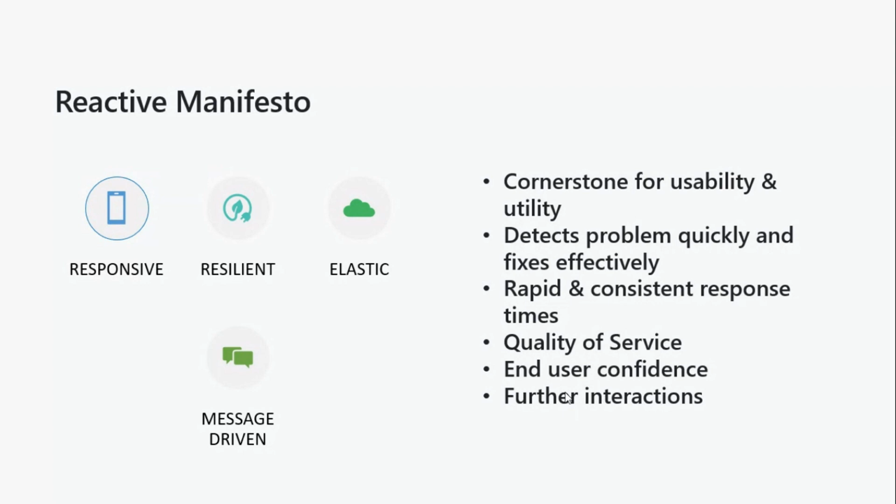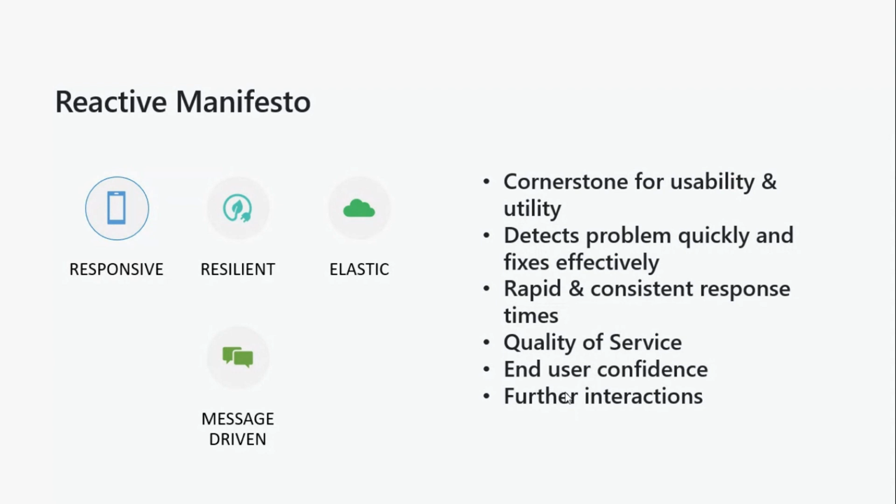To make sure that we build reactive applications, a responsive system is expected to respond in a timely manner if at all it is possible. So responsiveness is a cornerstone for usability and utility. But beyond that, responsiveness also means that problems may be detected quickly and dealt with effectively, even before the customer realizes that there was a problem with my system, my application should restore and respond back to the customer.